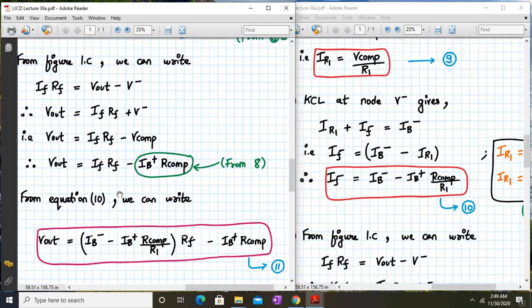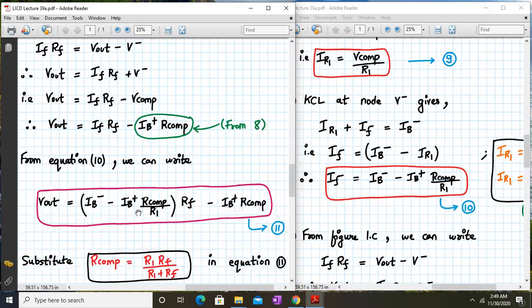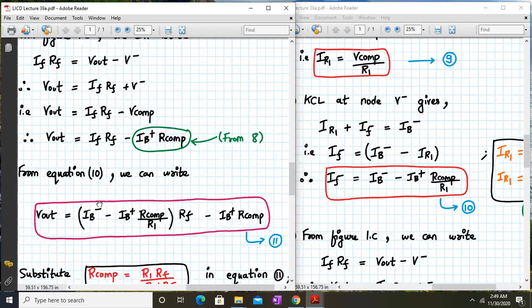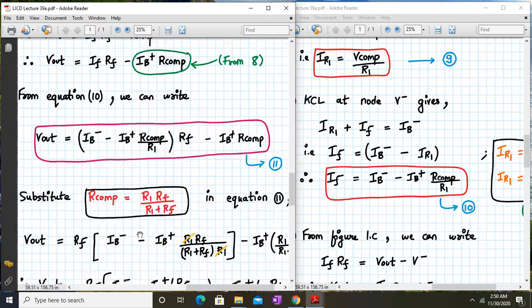From equation number 10, we can write V out is equal to bracket IB minus IB plus into RCOM upon R1, into RF. That is IF actually, which we got from equation number 10. So we are substituting equation number 10 inside equation number 11. This entire IF term is replaced by this big term into RF, minus IB plus into RCOM. So this is our new equation number 11.